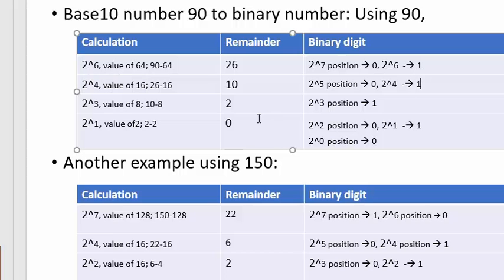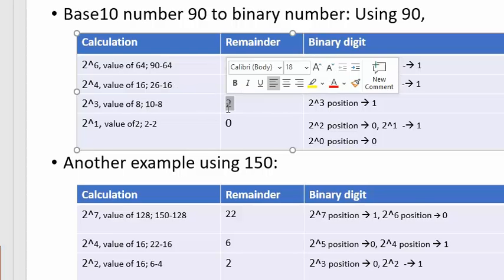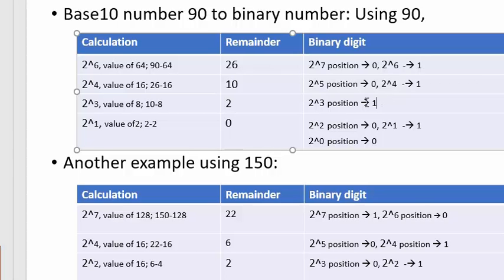Next, 2 to the 3rd with 10, right? 2 to the 3 is 8, so we can use it. 10 minus 8, remainder 2. So we give 1 to the 2 to the 3 position.